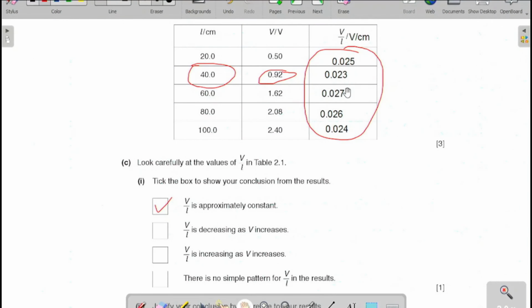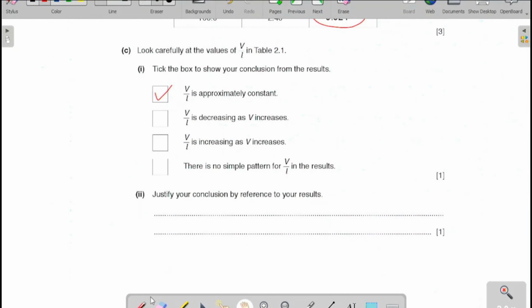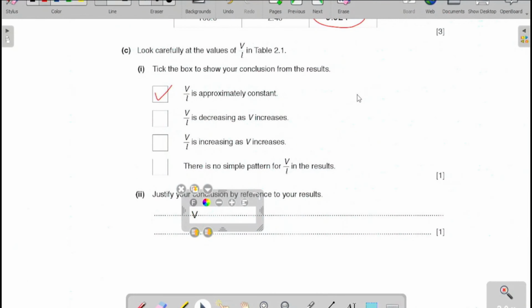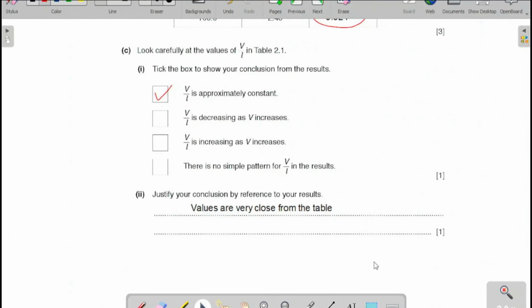In the middle, 0.027. Then 0.026, 0.024. So the values are very close. That's my justification. Values are very close from the table. You can also use the common phrase within the limits of experimental accuracy.